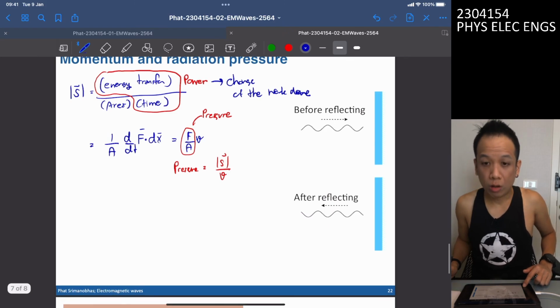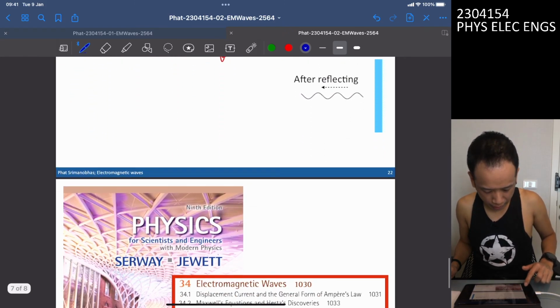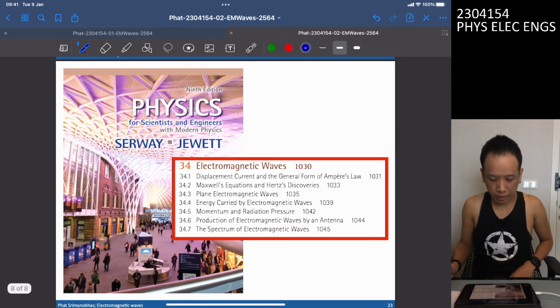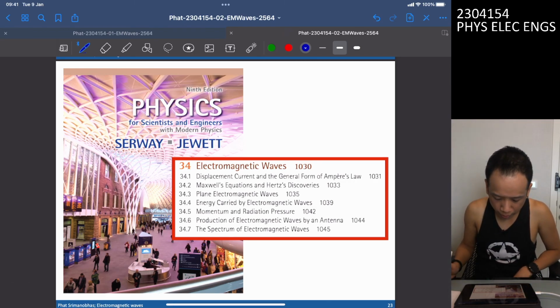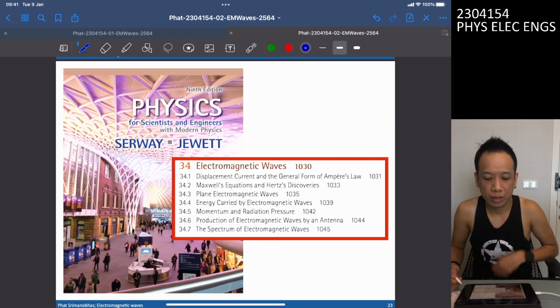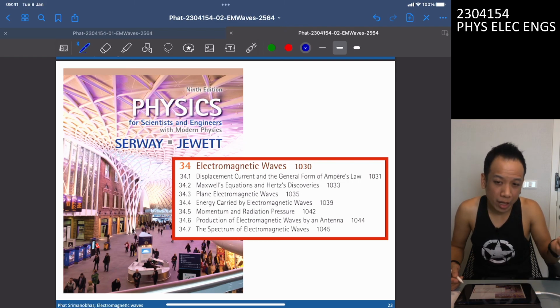I think this is all for the first topic. So let's see what we have learned. For the electromagnetic wave, we started from reviewing the laws that we have, like Gauss's law, Faraday's law, and then Ampere's law. And then we talked about the capacitors and said that Ampere's law cannot really describe the flowing of the currents.